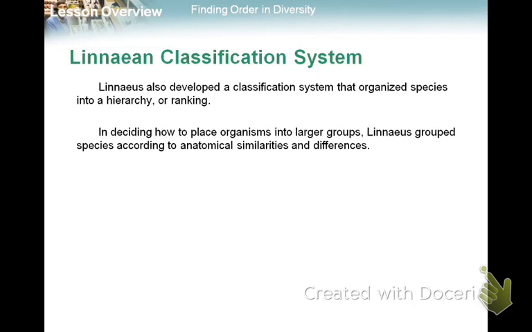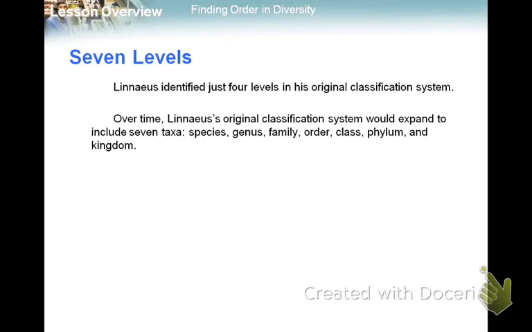Back then, there was no knowledge of DNA or molecular biology, and so Linnaeus grouped species according to anatomy. He had 7 levels. This goes from most specific to most general. If you think of measuring cups that all kind of fit into one another, or a set of kitchen bowls from the smallest to the largest.